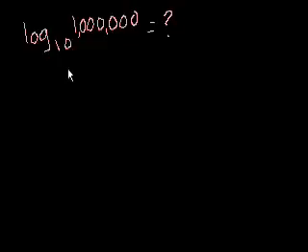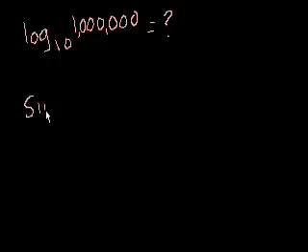Well, all we have to ask ourselves is 10 to what power is equal to 1 million? And 10 to any power is actually equal to 1 followed by that many zeros. If you say 10 to the fifth power, that's equal to 1 followed by 5 zeros. So if we have 1 followed by 6 zeros, this is the same thing as 10 to the sixth power. So 10 to the sixth power is equal to 1 million.